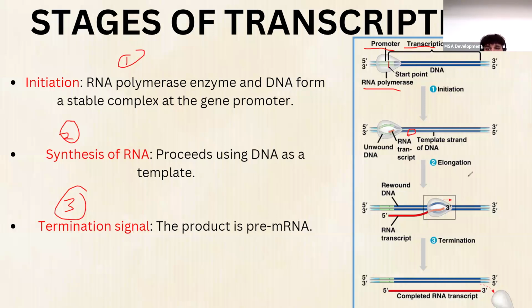After that, you have elongation, which is basically just producing more and more RNA, making it longer. After that, you have the termination signal, which basically tells the RNA polymerase, that's it, stop your work, your work is done, leave. After that, you're going to have a complete RNA transcript. So, stages of transcription: initiation, synthesis, and termination.